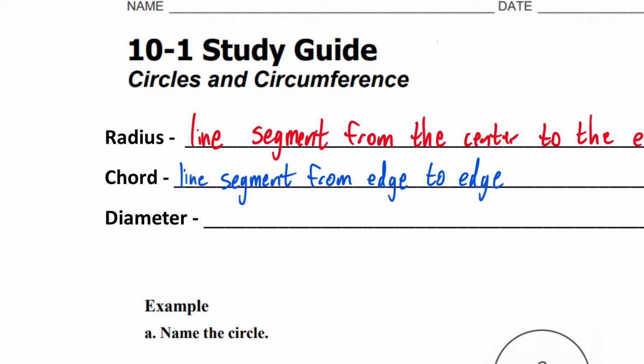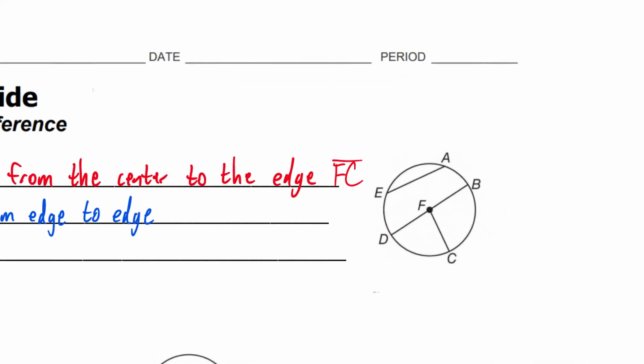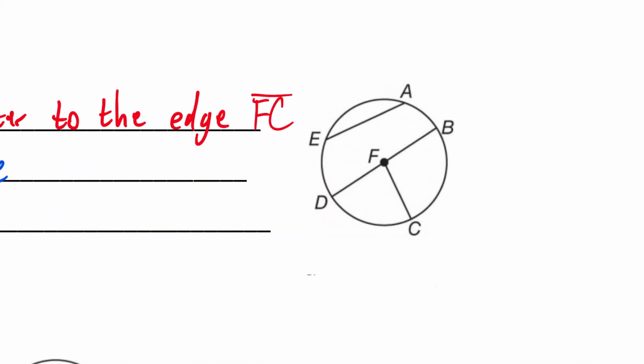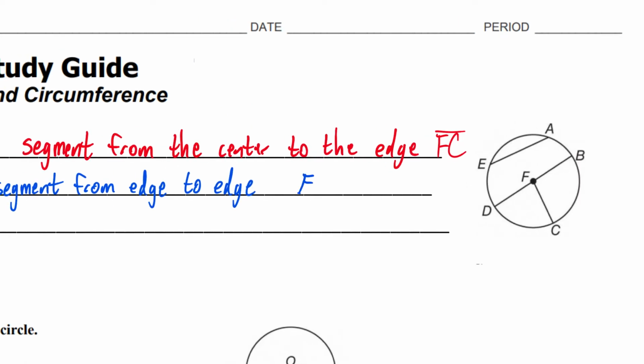I'm talking about the edge of the circle. A generic chord does not have to go through the center of the circle, though. The ends of the line segment just have to be on the edges of the circle. So, if you were guessing, which one of those up there is just a chord? EA. Yep.